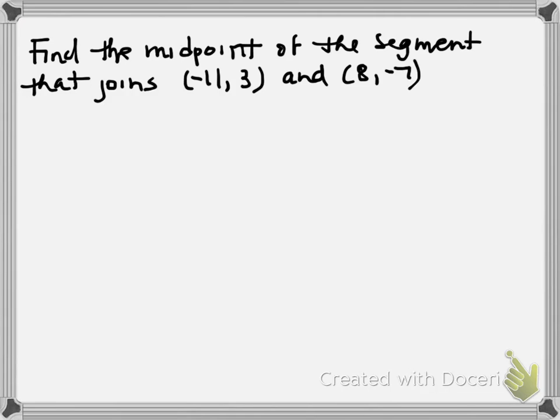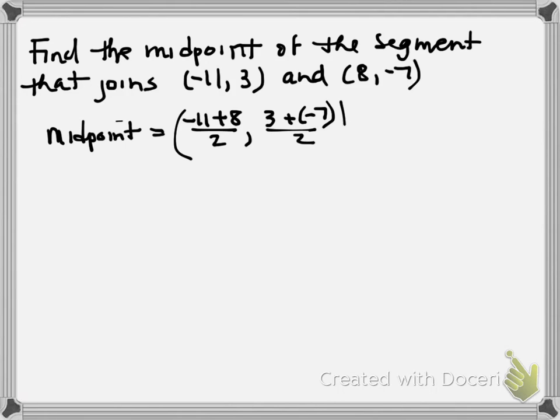So all we do is take those 2 points and we plug them into the midpoint formula. So the midpoint is going to be located at negative 11 plus 8 divided by 2, 3 plus negative 7 divided by 2.